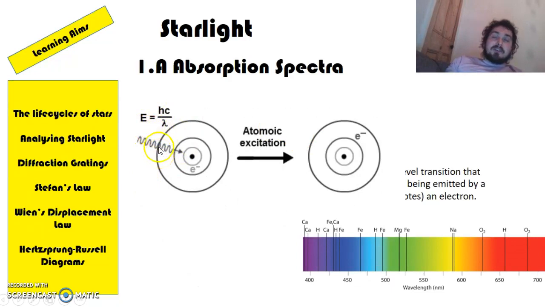If it has the exact right energy, it will be absorbed in lifting an electron. The good thing about it is when that electron falls back down, it very unlikely emits the light in exactly the same direction it came in. It'll most likely send it in any one of the many other options, and that means that the intensity is reduced in the given direction.